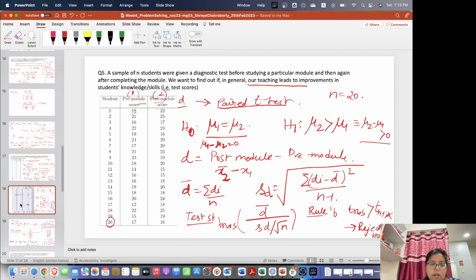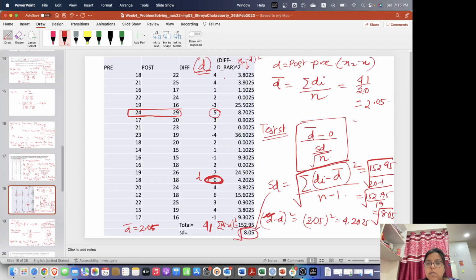So first we have calculated D, that is post minus pre. Then we have calculated di minus d bar whole square in these columns. Then we have added it up and divided it by 19. So whatever we have written here, I'll just write it properly. This is SD square, 8.05.